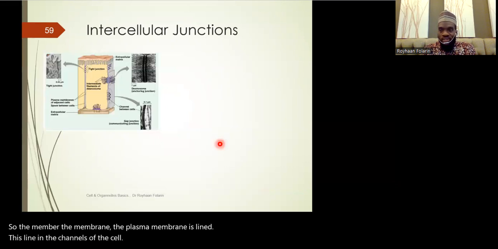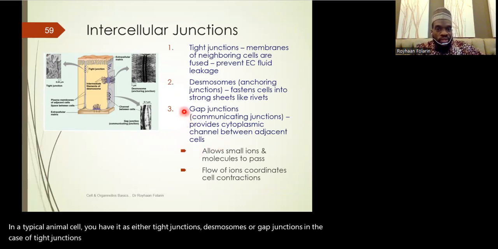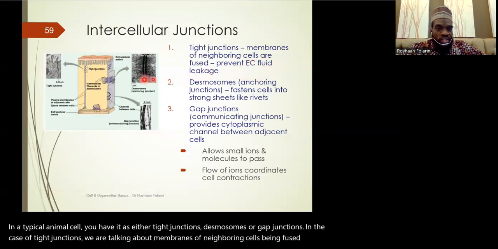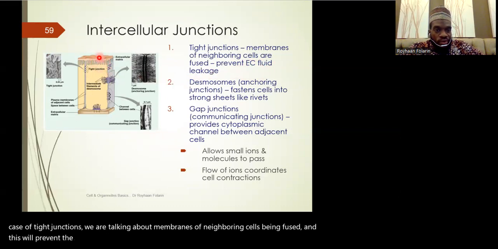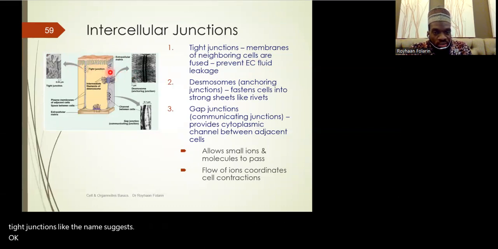In a typical animal cell, you have it as either tight junctions, desmosomes, or gap junctions. In the case of tight junctions, we're talking about membranes of neighboring cells being fused, and this will prevent the extracellular fluid from leaking from one cell to the other. So those are tight junctions, like the name suggests.